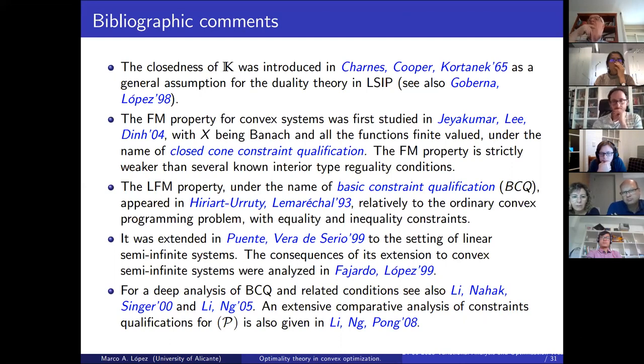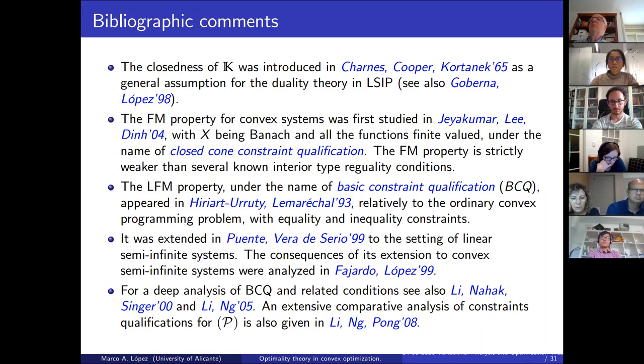The Farkas-Minkowski property for convex systems was studied by many authors, but one of the first, to my knowledge, is Kumar, Lee, and Lee, in the setting of Banach spaces with functions which are finite valued. They used the term closed cone constraint qualification instead of Farkas-Minkowski.